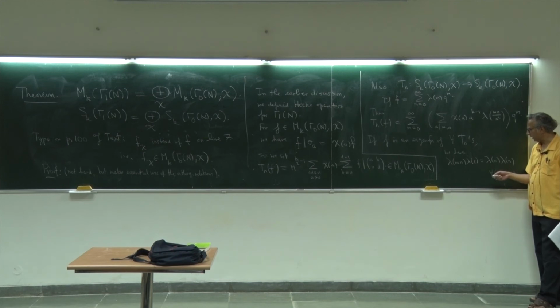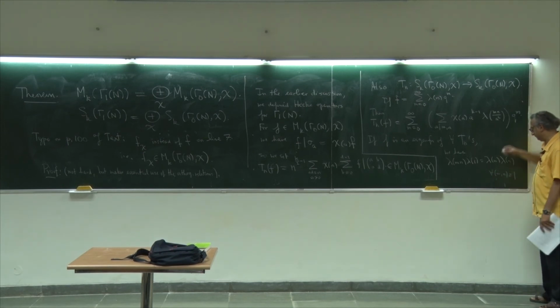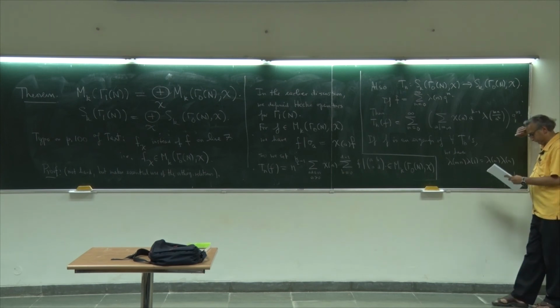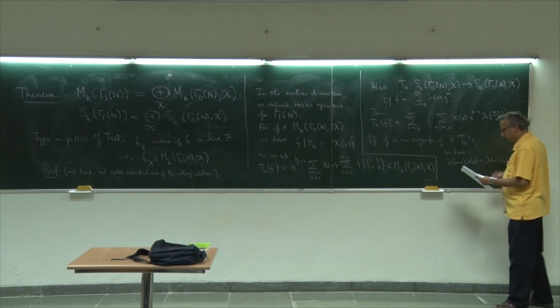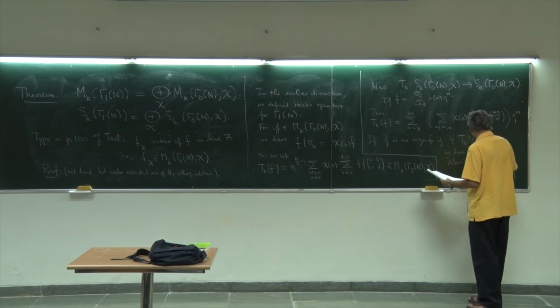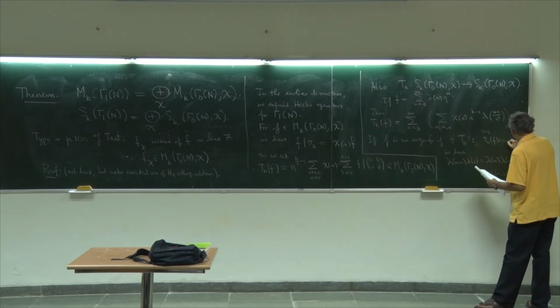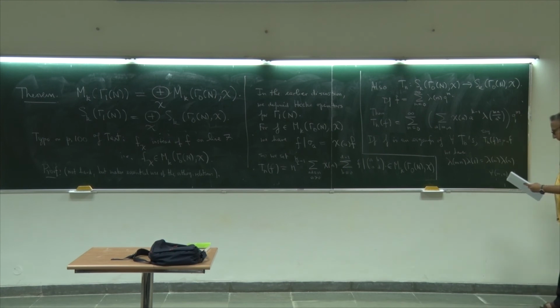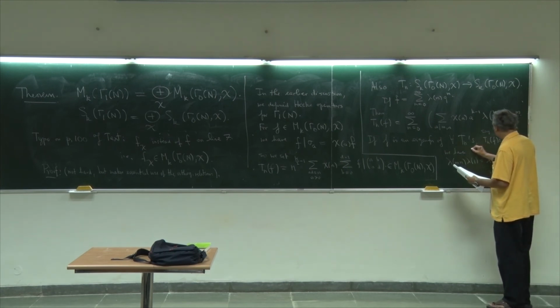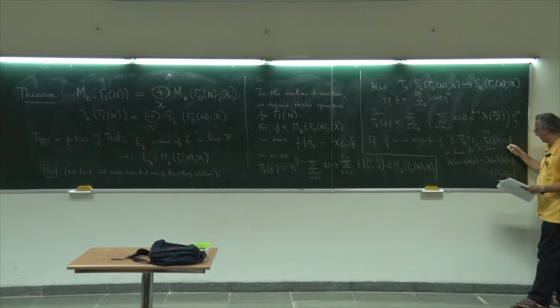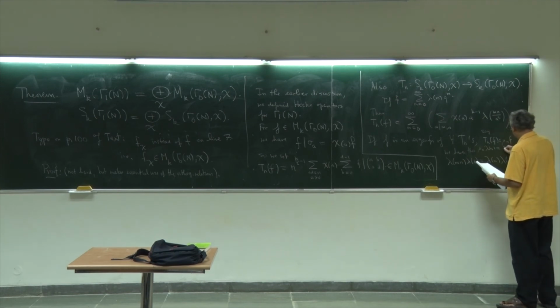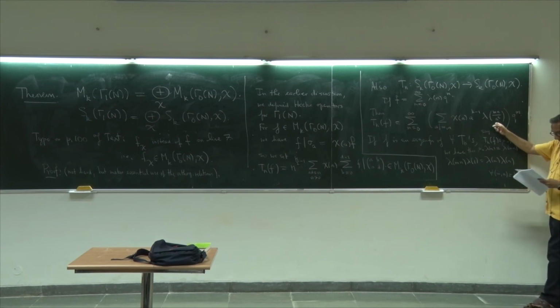So in particular, choosing m equals 1. One more point: if f is an eigenfunction for all the T_n's, say T_n of f equals mu_n f, then mu_n times lambda of m, which is the coefficient here, has to equal lambda of mn from this formula.